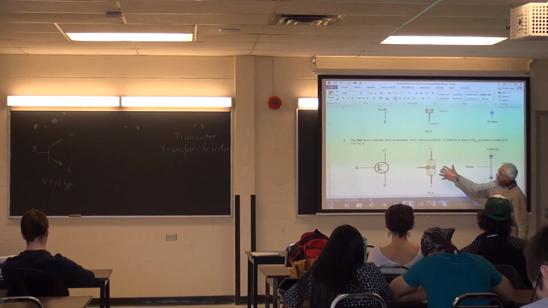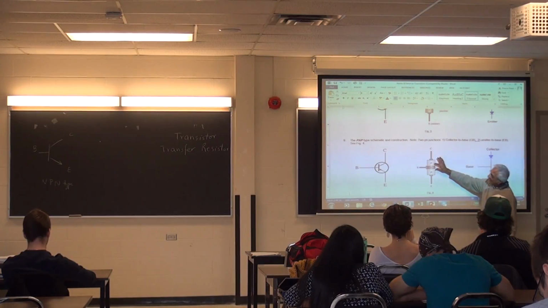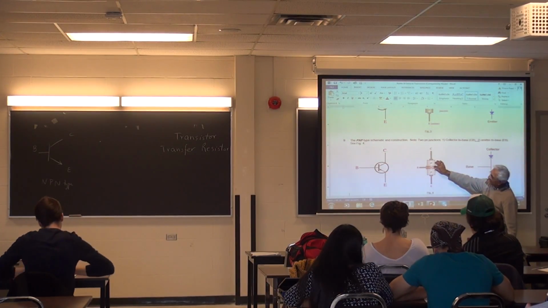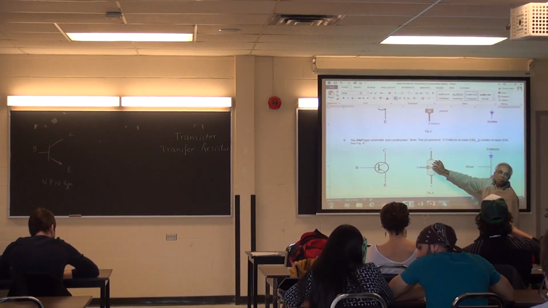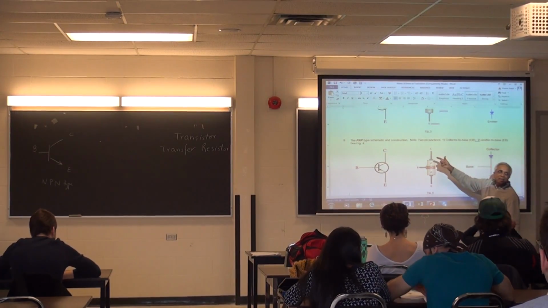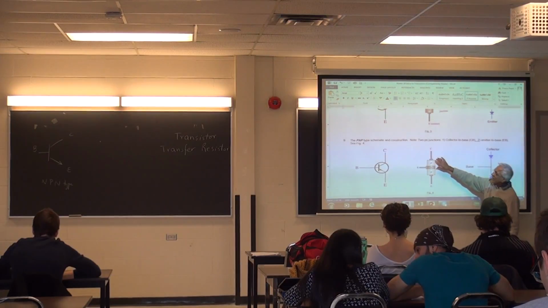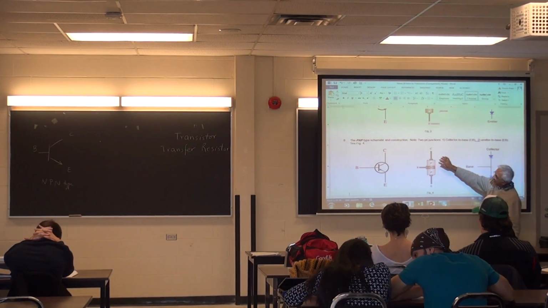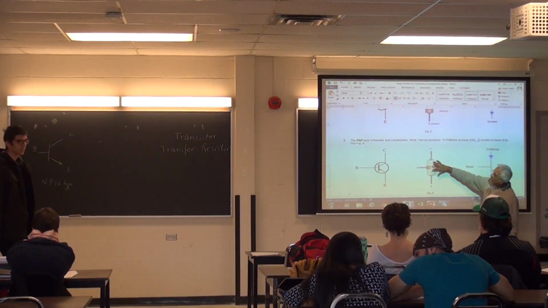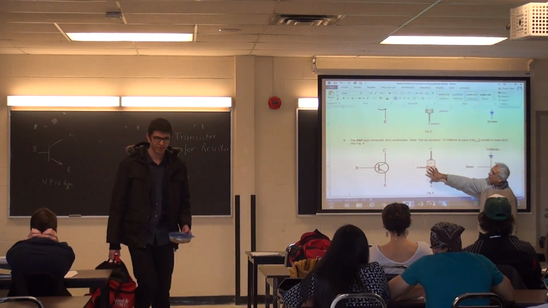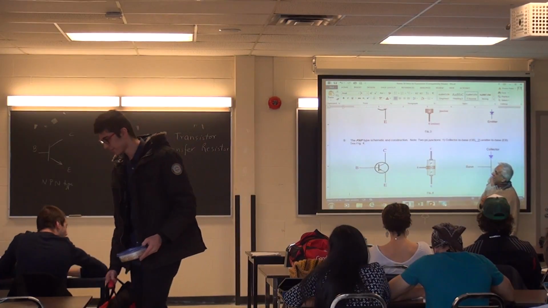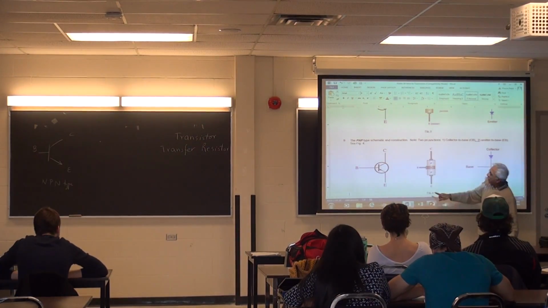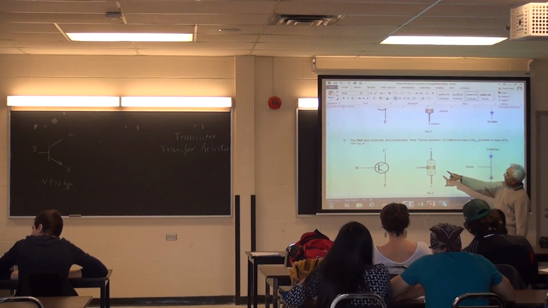So let's look at how it's manufactured. You've got a small region in the middle of the N-type material. We've talked about the N-type and the P-type, right? The P-type means that we have a lack of electrons, and N-type means we have an abundance of electrons. So on either side, we've got the P-type material, sandwiched in between is the N-type material. And that's where the base is connected. We've got collector on one end, emitter on the other end.